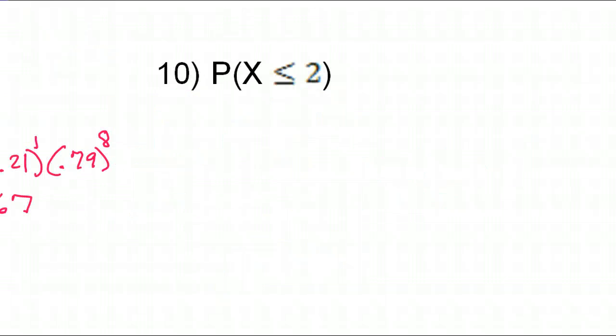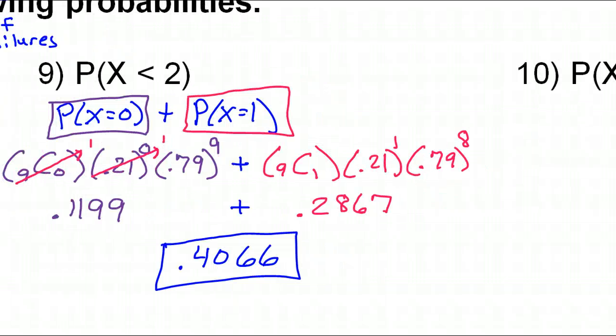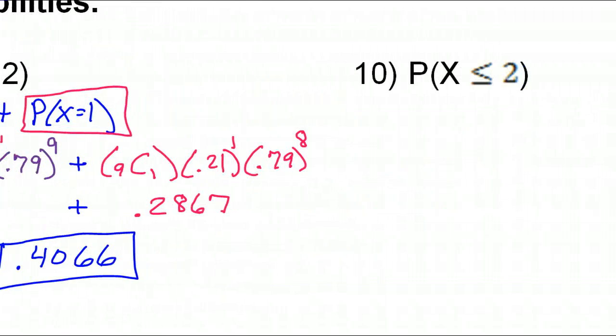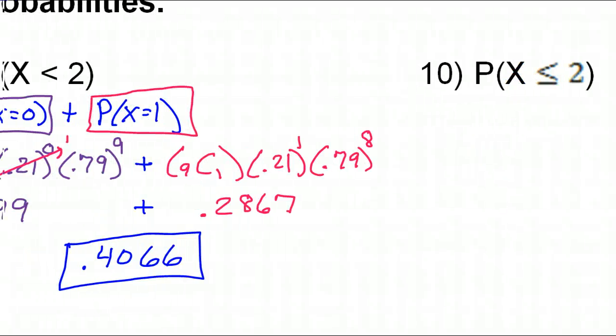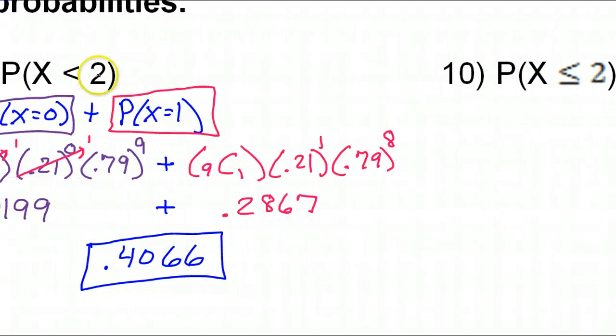All right, look at number 10. It's very similar to number 9. In fact, the only difference is 10 says less than or equal to 2, whereas 9 just says less than 2. Okay, so I want the number of successes to be less than or equal to 2.